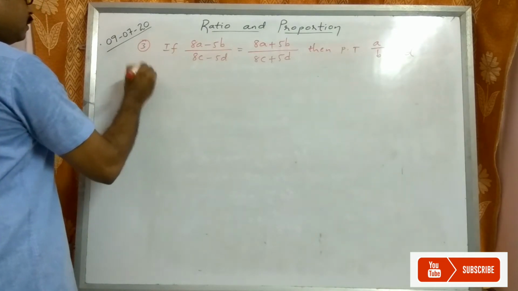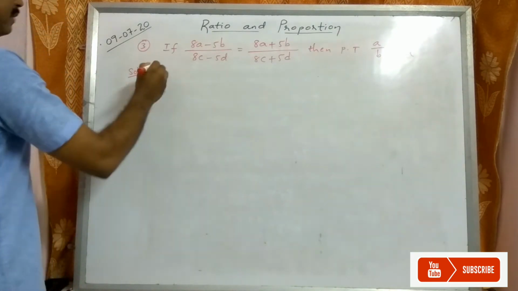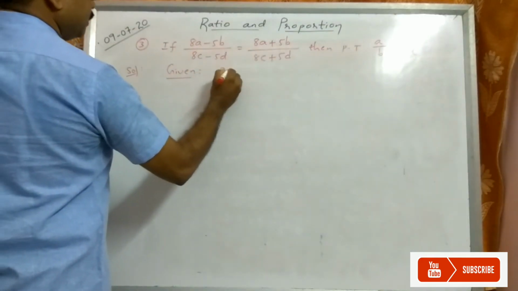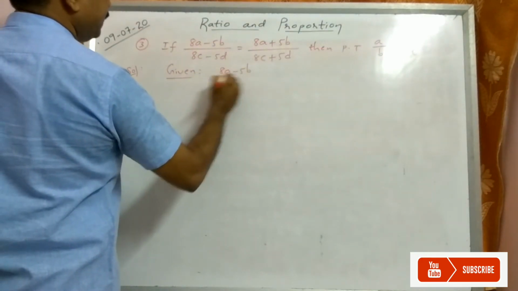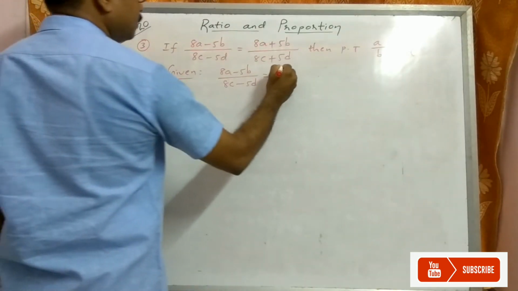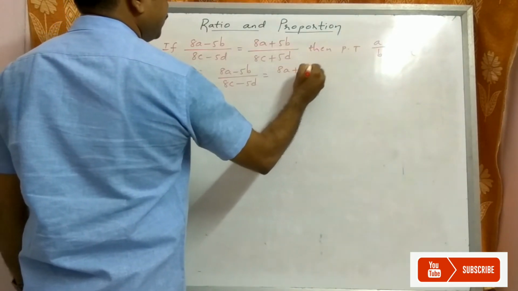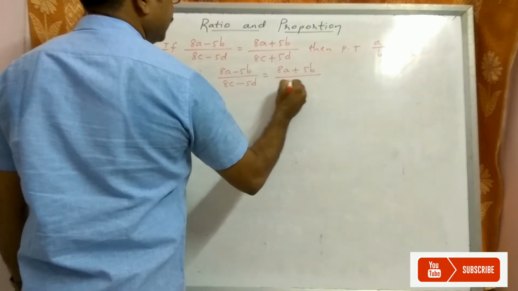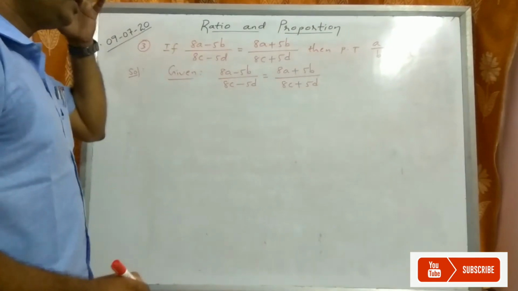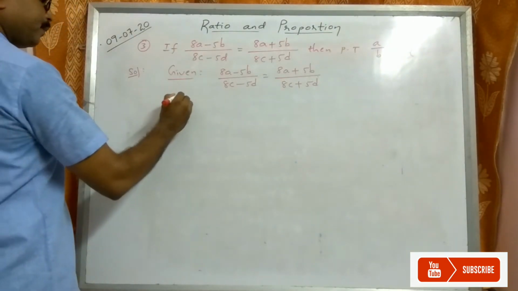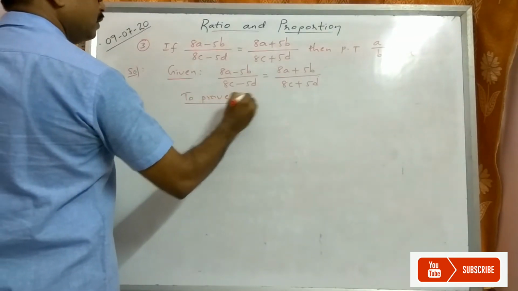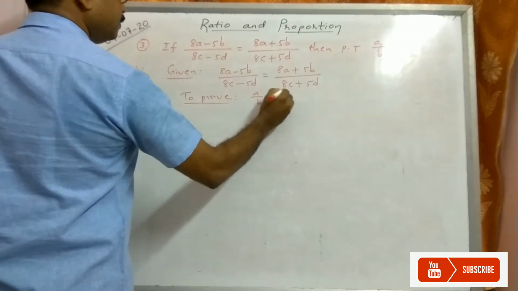Okay? What is given here? Given 8a minus 5b by 8c minus 5d equal to 8a plus 5b by 8c plus 5d. This is given. What should you prove? To prove, a by b equal to c by d.